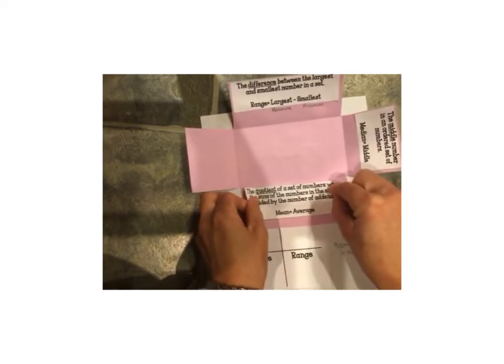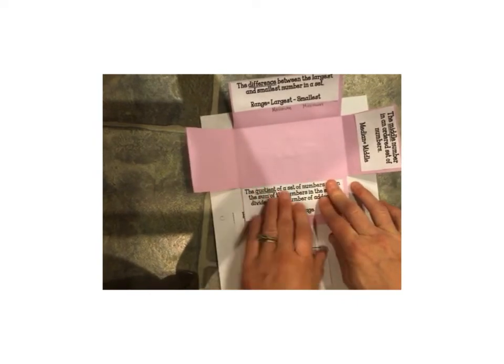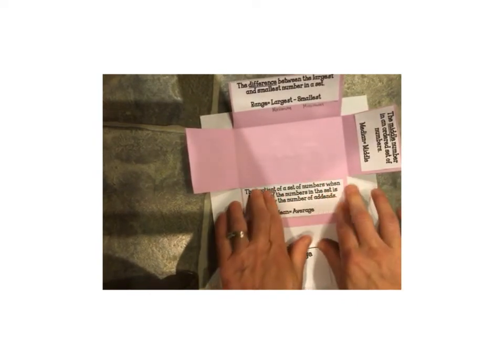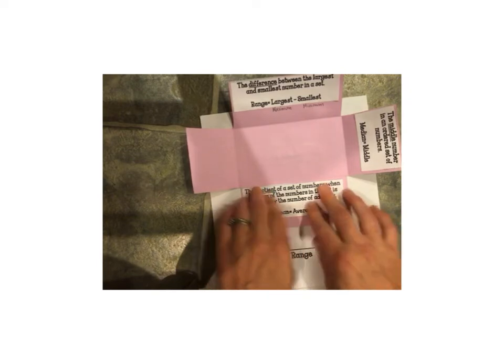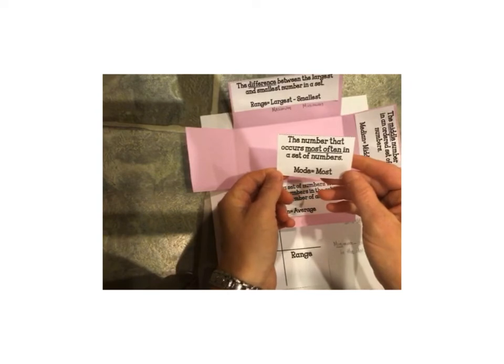So I'm going to glue this here on the tab that says mean. The mean is the average. Okay, so it is when I add all the numbers up, I get a total, and then I divide, which means that this is my last definition.